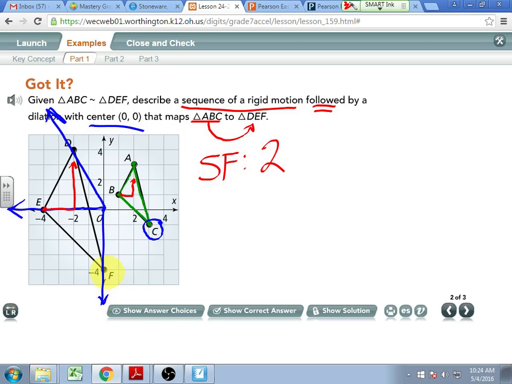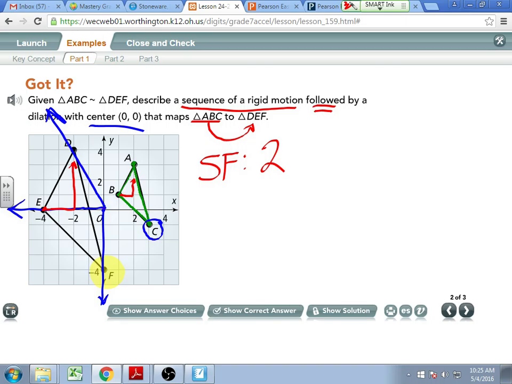Now that's exactly the same principle as using the distance formula. We just did a whole lot less work. And a whole lot less work makes our life easier. Math is all about efficiency. How can I do things easily and accurately? So my scale factor is 2. I know that I'm going to double the distance from the origin to get to my image, my final.